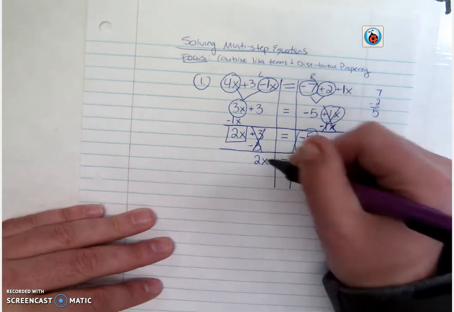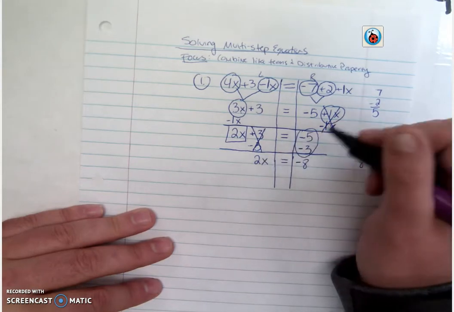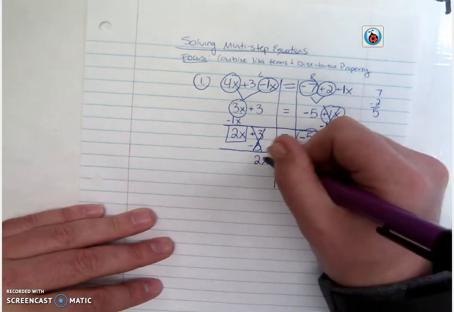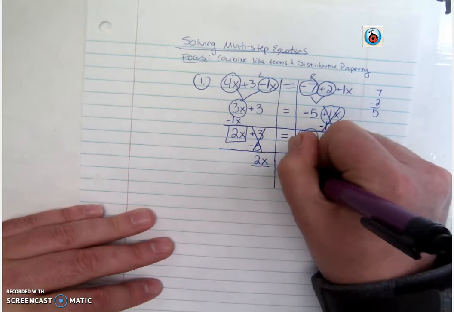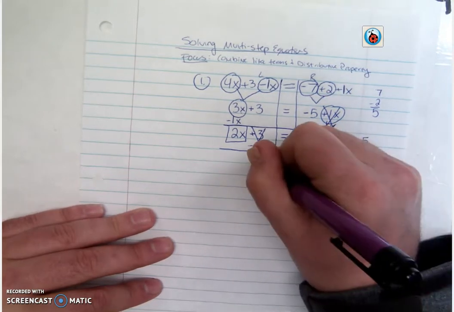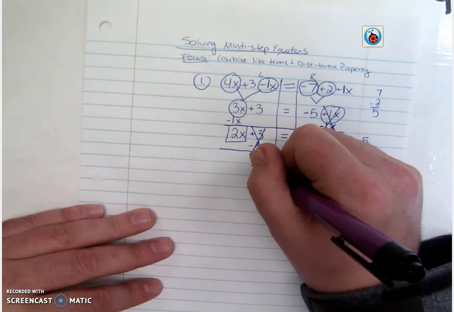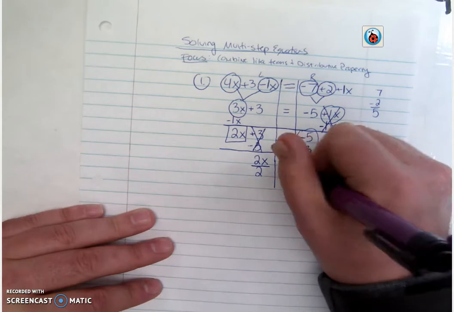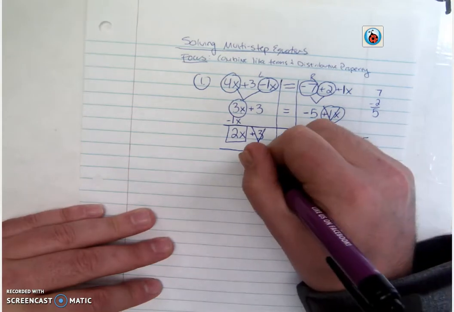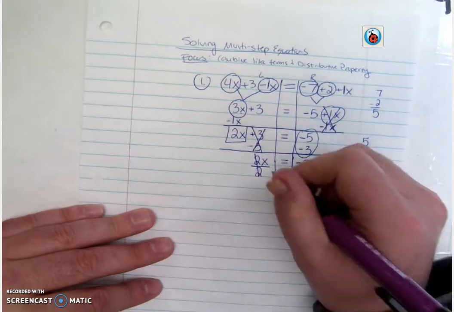So the last step to getting x by itself when you're solving equations and you have a coefficient is to divide. Remember, when we divide, we must divide by this exact number, the exact coefficient. If it's a positive 2, we need to divide both sides by a positive 2. We do not change the sign.